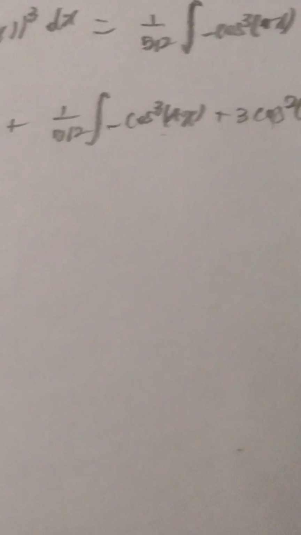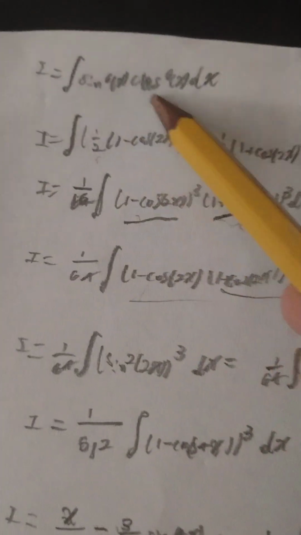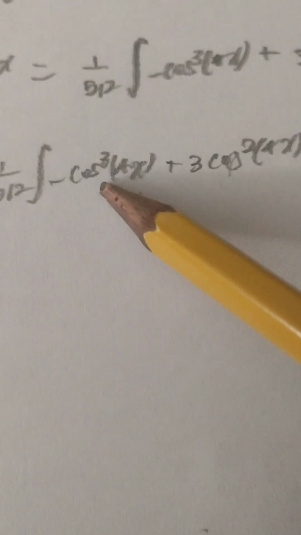So we're gradually reducing the powers over the steps. So instead of an aggressive sine 6x, cos 6x, we have cos cubed and cos squared, which are much easier to work with.